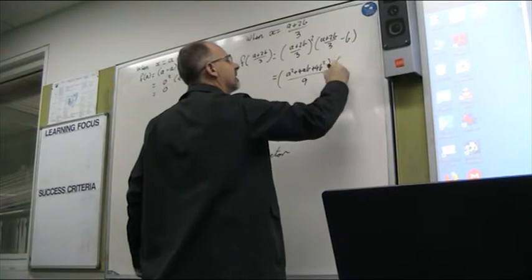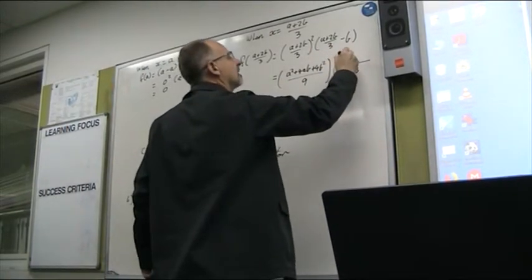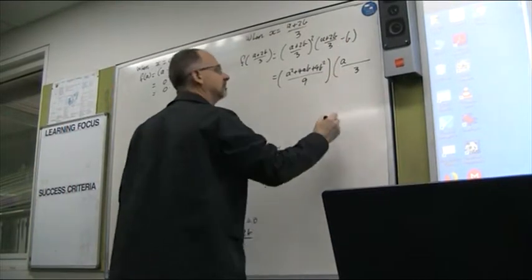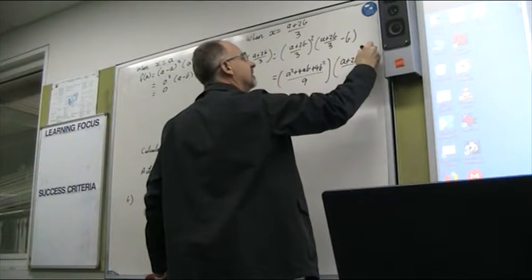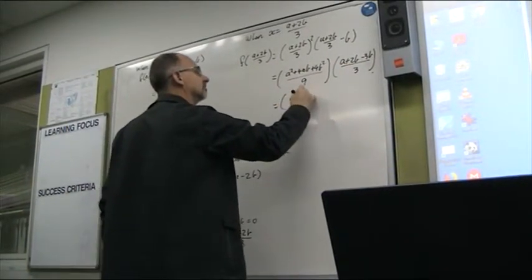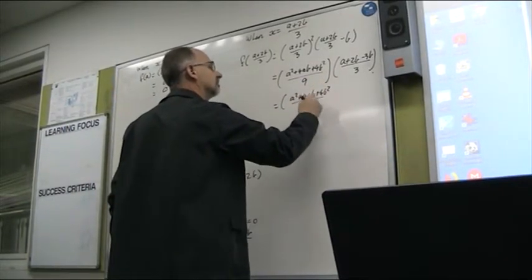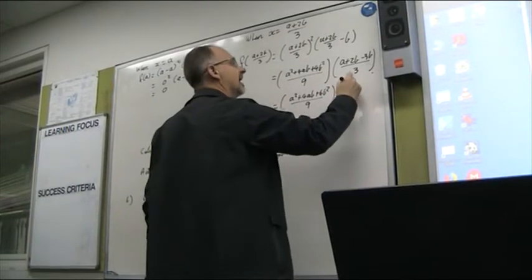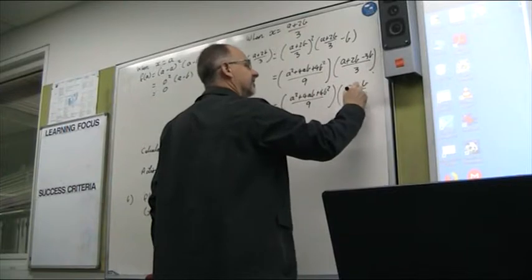And common denominator here, a plus 2b minus 3b, which is then a minus b over 3.